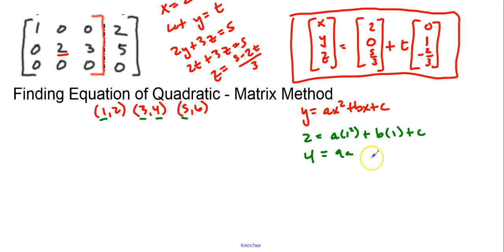So a times 3 squared plus 3b plus c. Last one, 6 is going to be equal to 25a plus 5b plus c. And now we're left with a system of equations that we can use matrices to deal with. I'll show you the setup real fast just to remind you what this looks like. So our matrix is going to look like this.